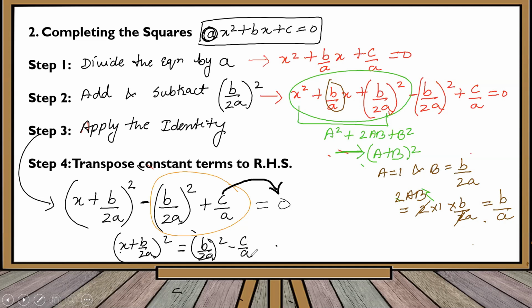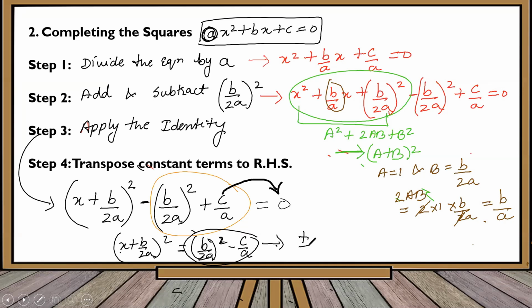So after this, you just need to solve the equation and find out the value of x. If you see over here, we need to take a square root, and after taking the square root, it will always be plus and minus. So you will understand this when we solve one of the examples.